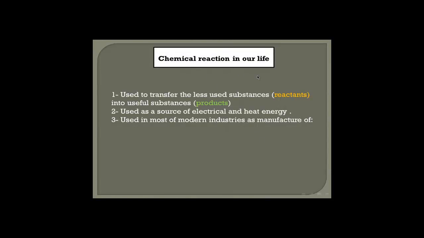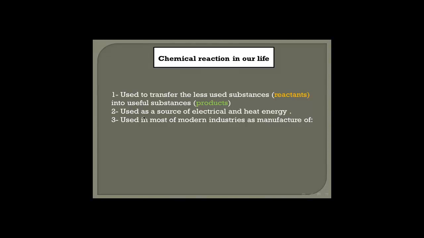Chemical reaction in our life. Chemical reaction is very important in our life. Why? Number 1, because we can use it to change less useful substances, the reactants, into useful substances, the products.